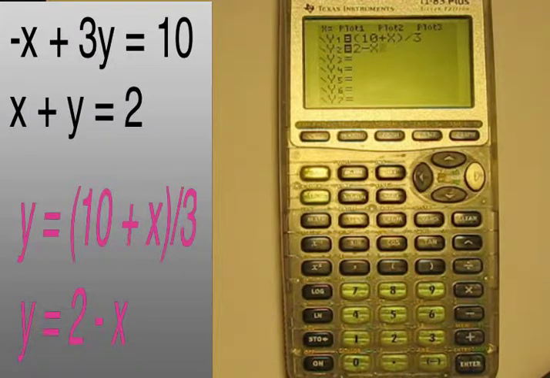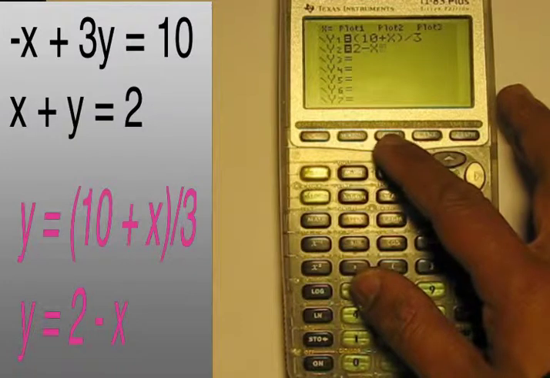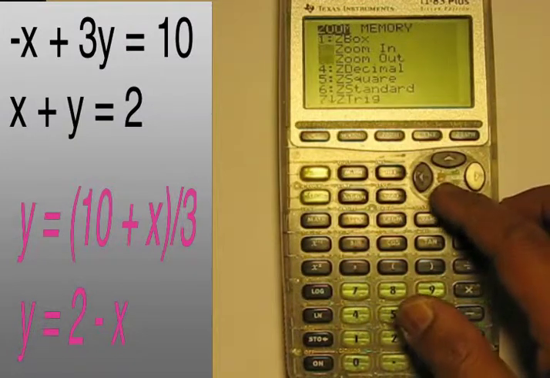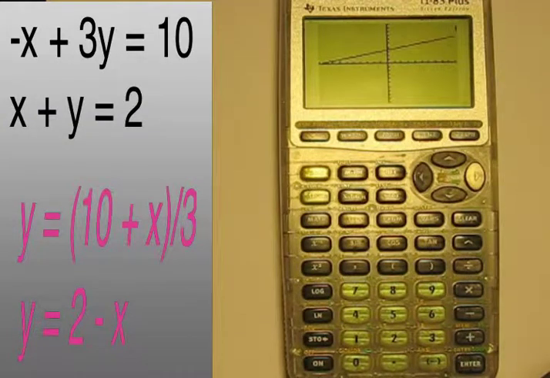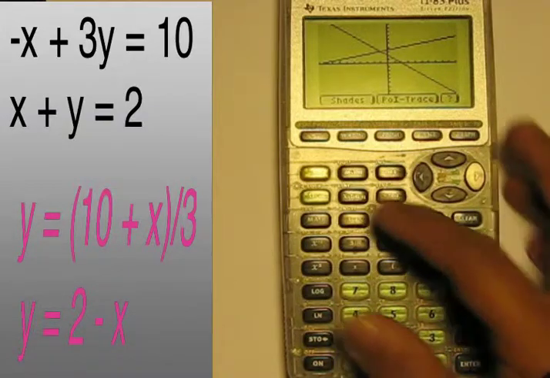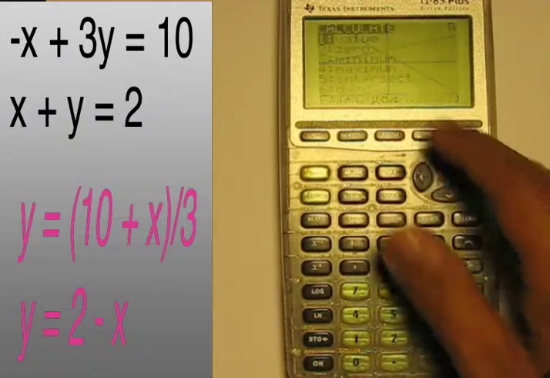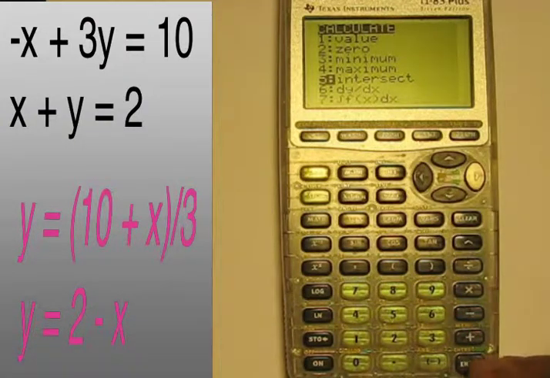And we want to graph these and find the intersection. In order to graph them, you have to hit the graph button. But first you should hit the zoom button, zoom, and then 6. 6 means standard. You see one line, the other line. Now we want to find the intersection of these two graphs. In order to do that, you have to go second, trace, and scroll down to intersect.